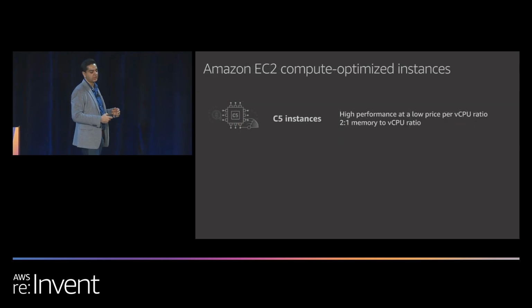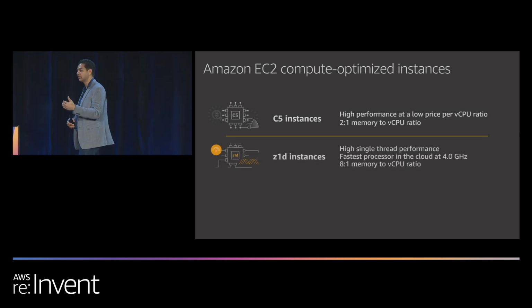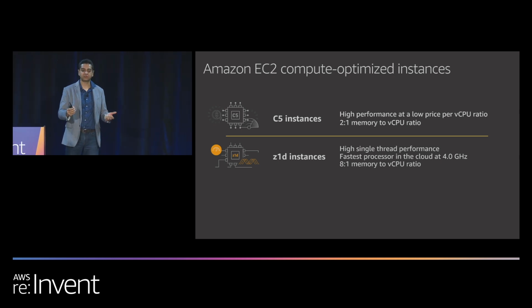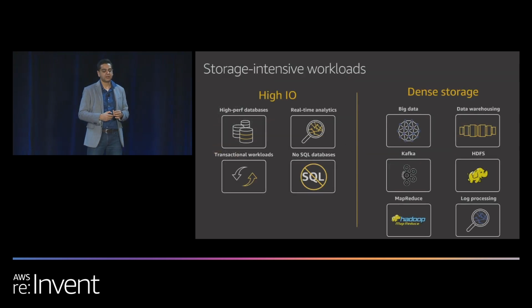So in our portfolio, we have our C5 instances that provide a 2:1 ratio and up to 3.1 gigahertz of CPU frequency. Z1D is available on the high end, which goes up to 4 gigahertz, as I mentioned earlier. It provides more memory to vCPU than our C5 instance.